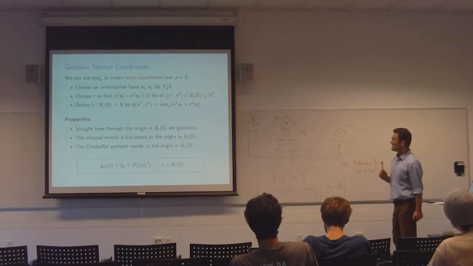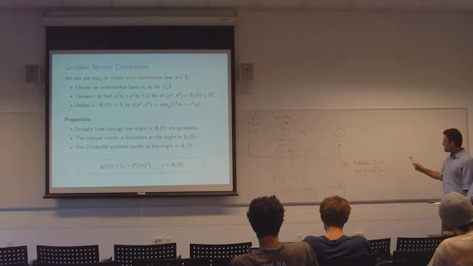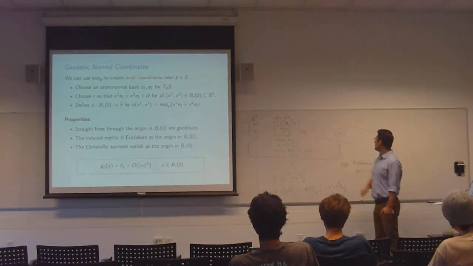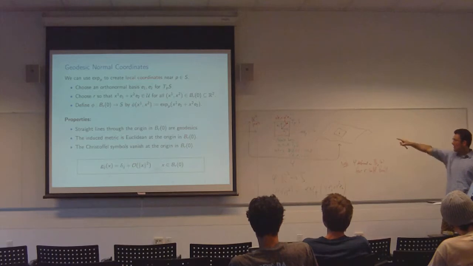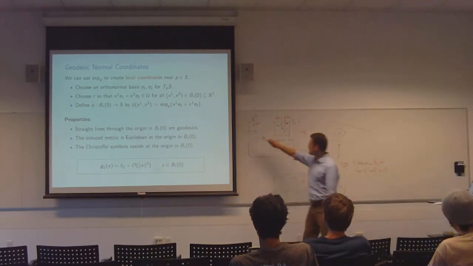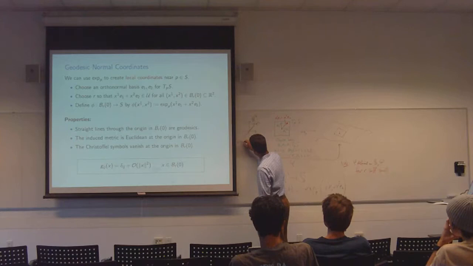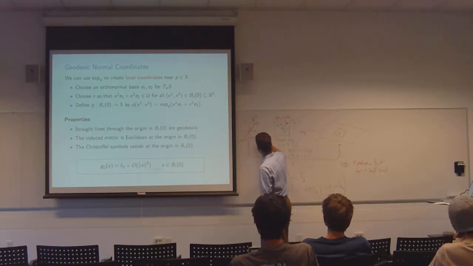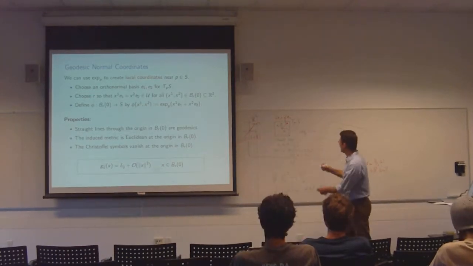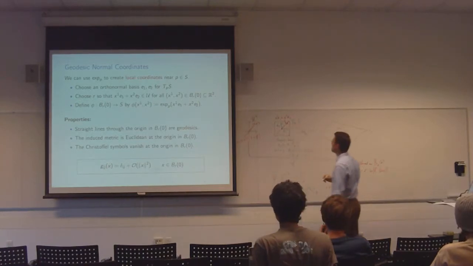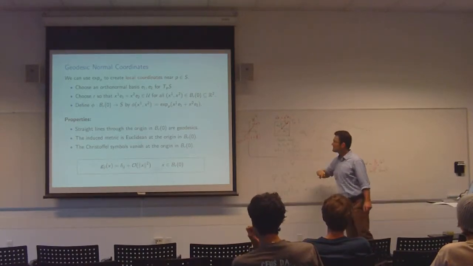So the first simple thing is that in this coordinate system, in this parametrization, I should say, for a small neighborhood of P, straight lines in the parameter domain map to geodesics. This is the parameter domain now. This is a straight line here, t times x1, x2, where t varies in the reals. It maps to a straight line in direction x1 e1 plus x2 e2 in the tangent space.